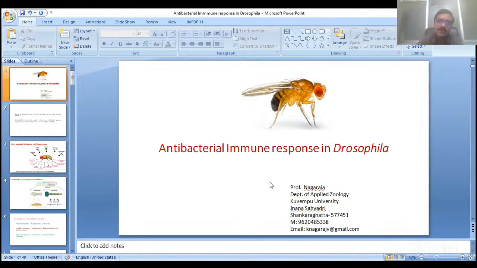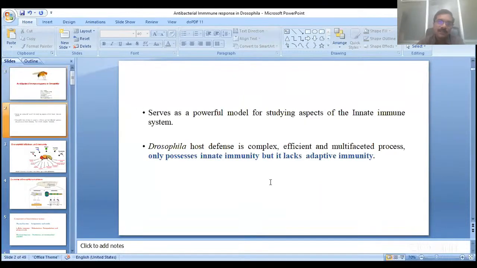We all know by this time why Drosophila is a powerful model and why we use this fly as a model everywhere. Almost every branch of biology is using this fly model. It serves as a powerful model for studying aspects of the innate immune system.